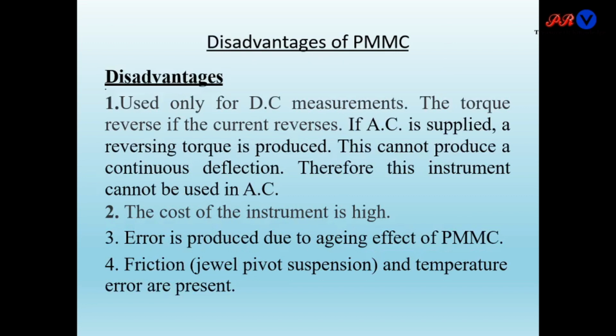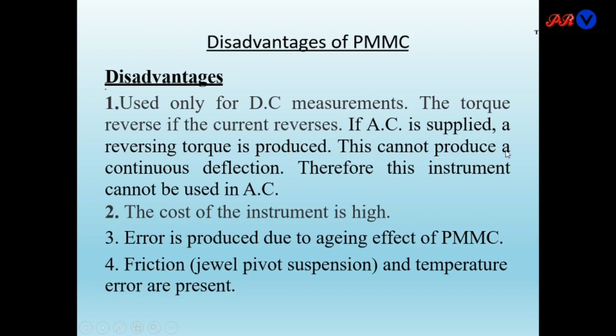Disadvantages of PMMC. The first disadvantage is it is used only for DC measurement. Why? The torque reverses if the current reverses. In case of AC we have reverse current, because alternating current has crests and troughs. So if AC is supplied to PMMC, reversing torque is produced.